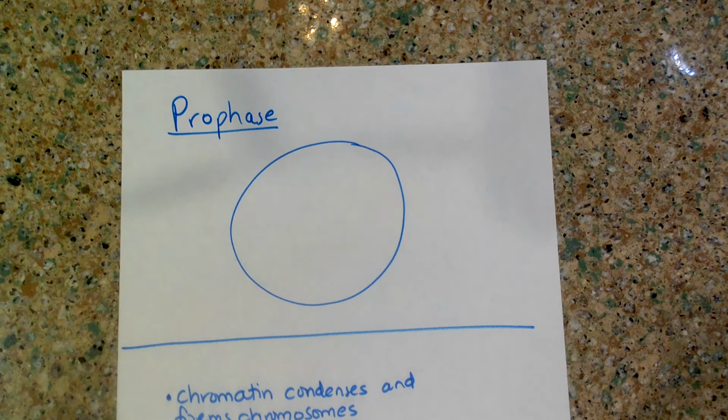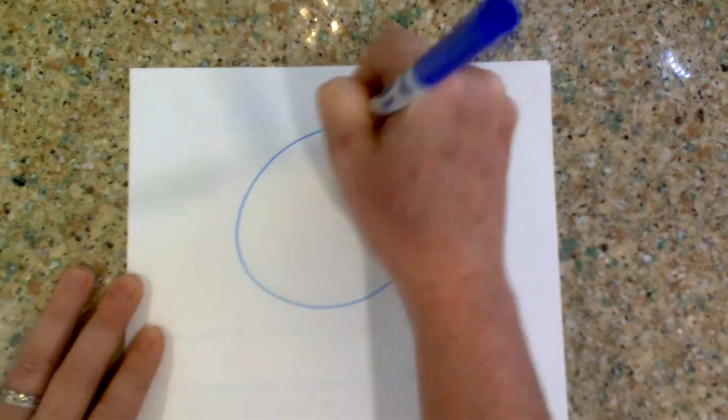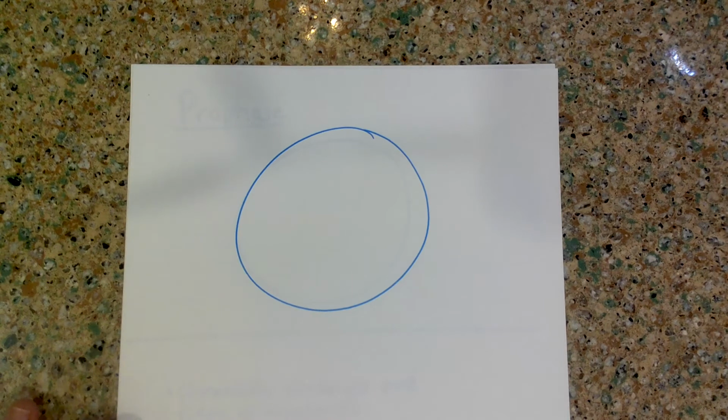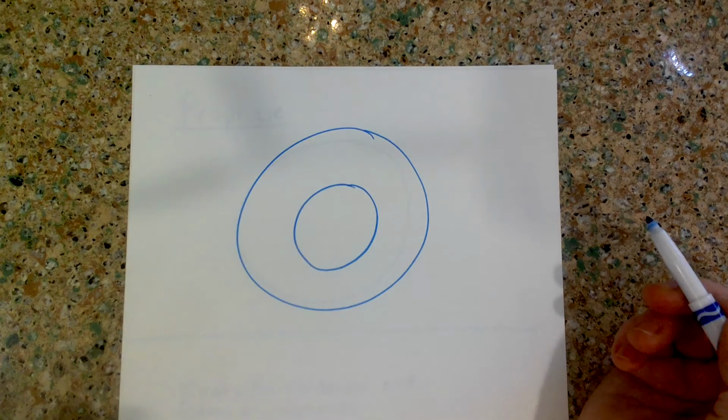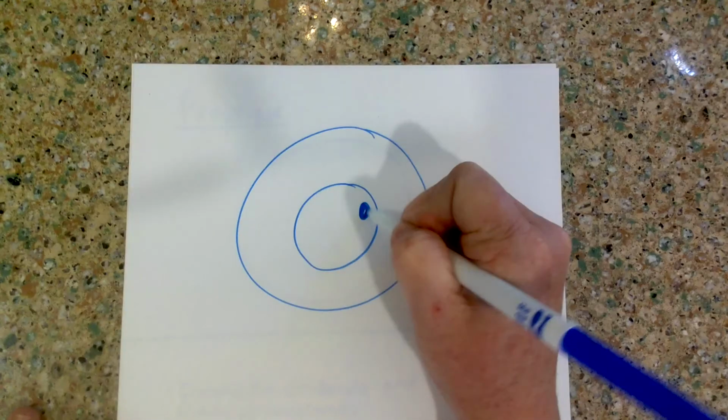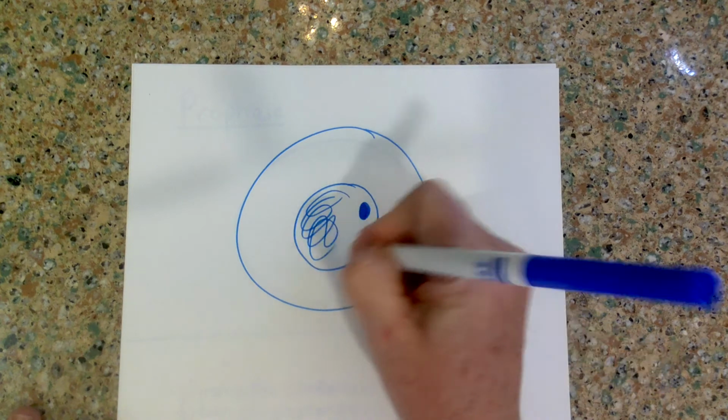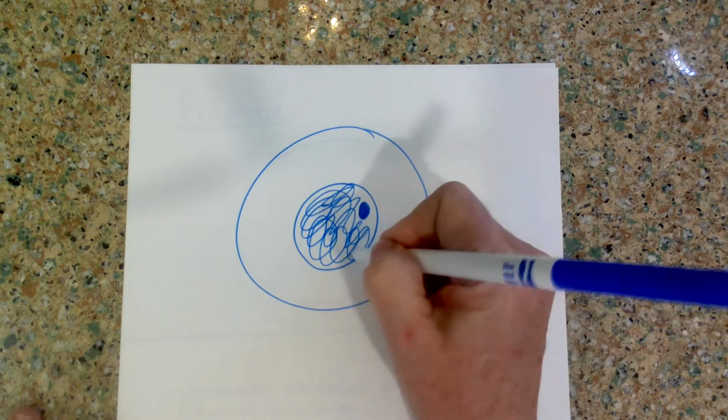Okay, so if you backtrack and you were to look at a cell in interphase, okay, you can't see inside the nucleus because the nucleus is dark. But if you could see inside the nucleus, you would see the nucleolus, and then all the DNA is actually unraveled.